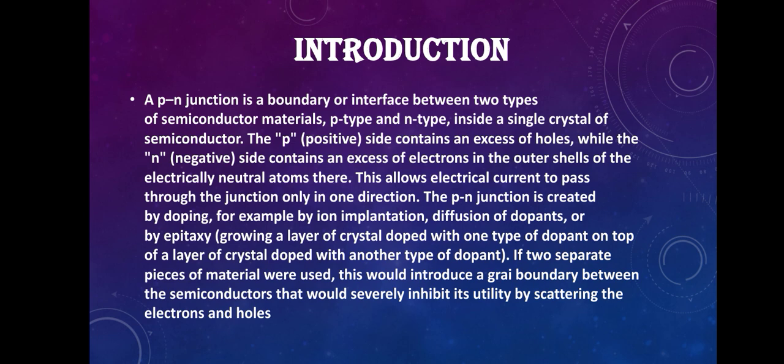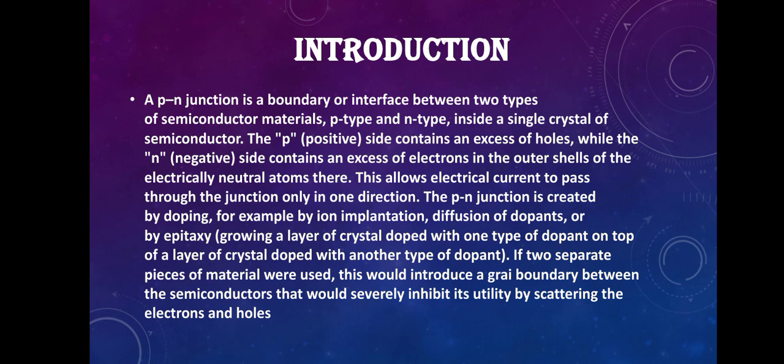one direction. The PN junction is created by doping, for example by ion implantation, diffusion of dopants, or by epitaxy, growing a layer of crystal doped with one type of dopant on top of a layer of crystal doped with another type of dopant.